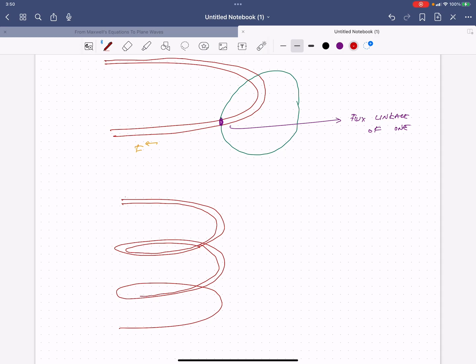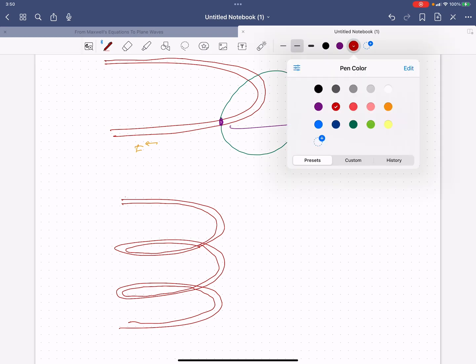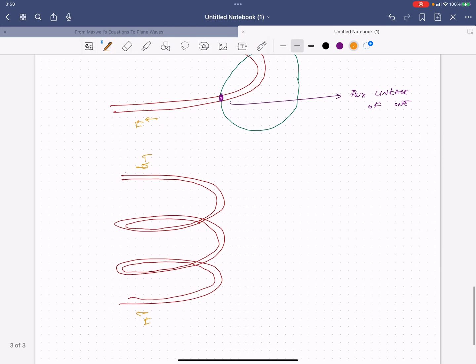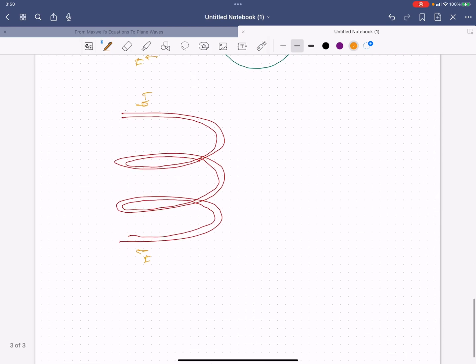So this is a wire coil, and we've got a current I flowing through this coil. Now I'm going to try to draw an example of something that has 3 flux linkages.